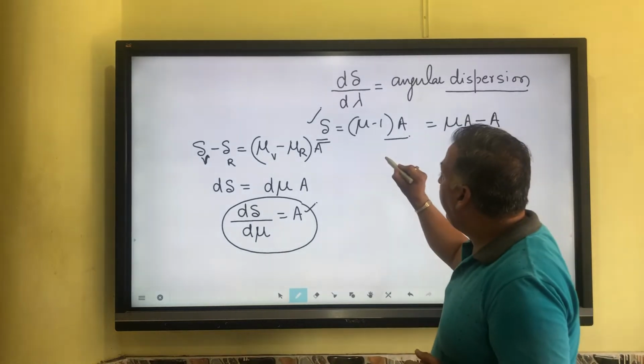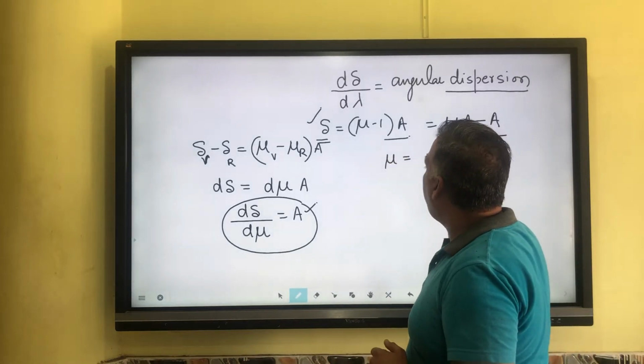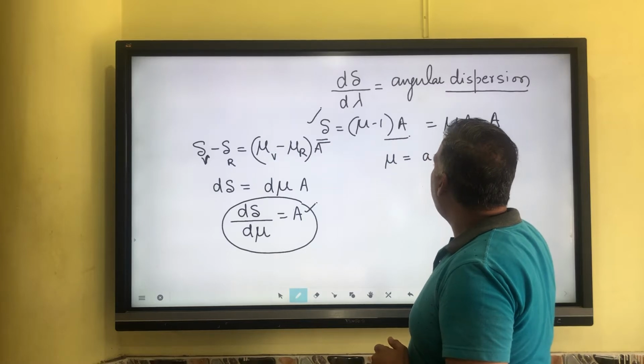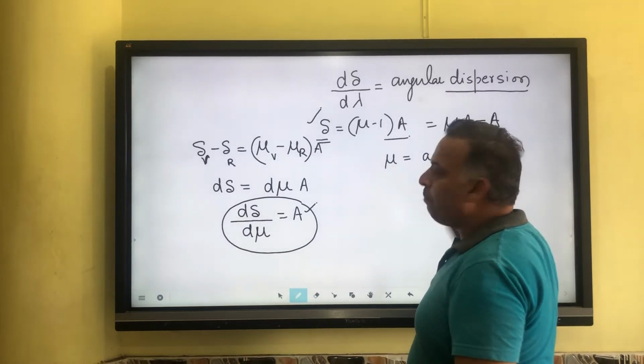But according to Cauchy's formula, mu is equal to A plus B upon lambda square.